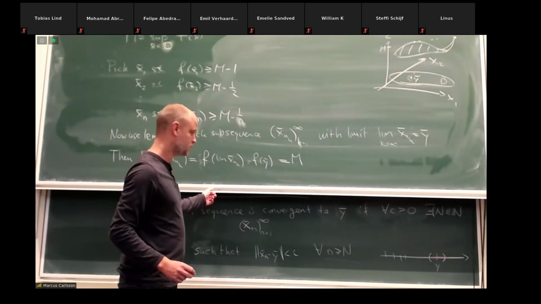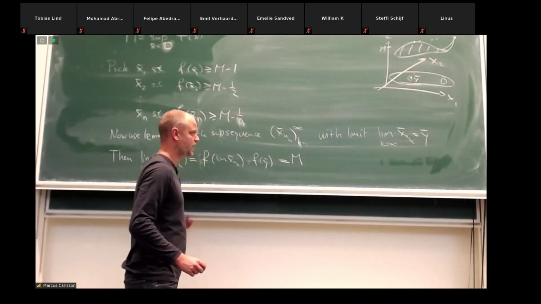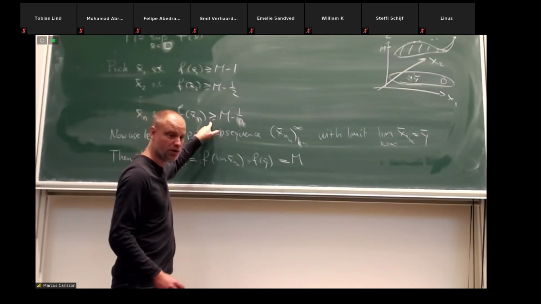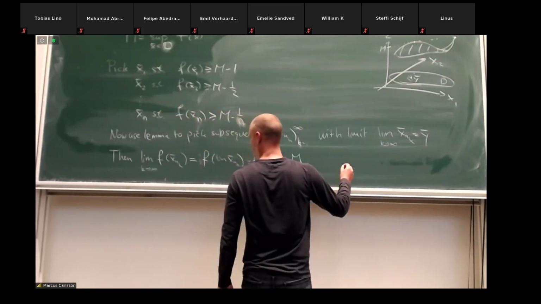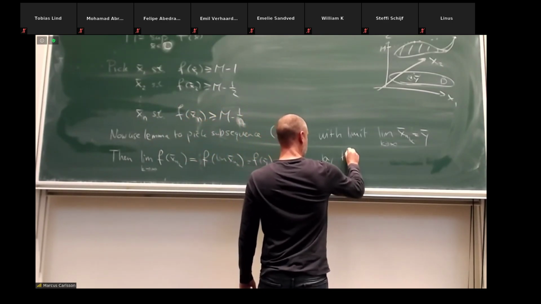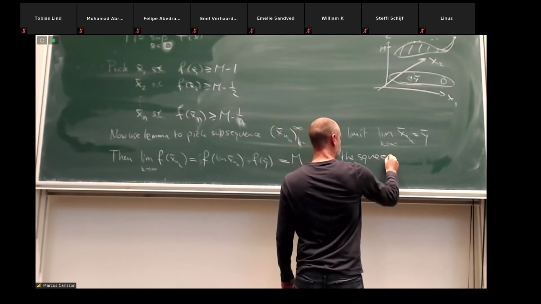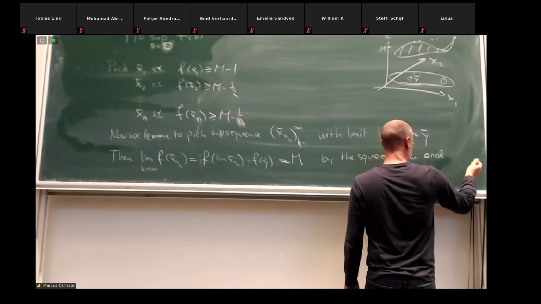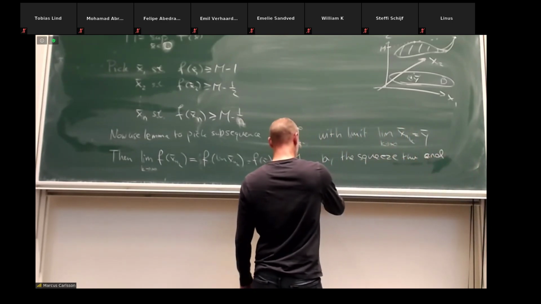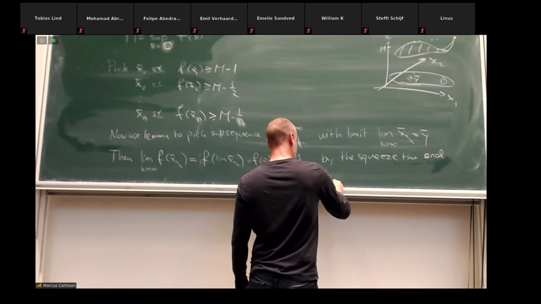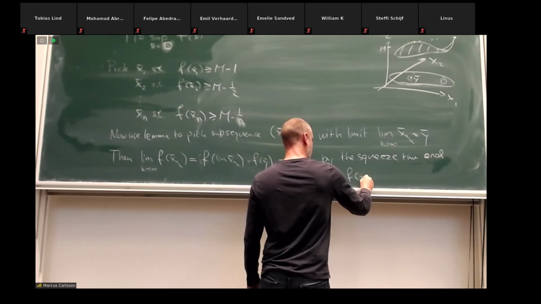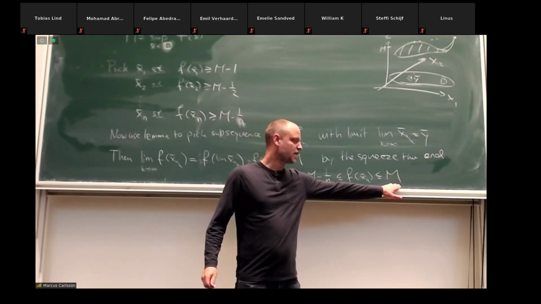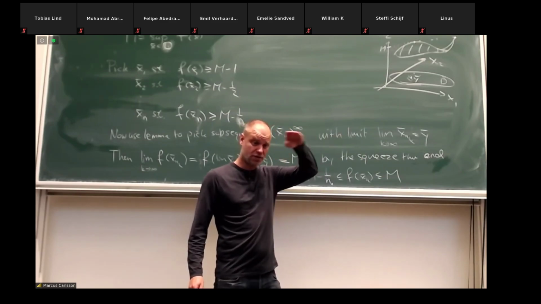Why does the limit need to be equal to m? Again, this is the squeeze theorem, because we don't know exactly what these values are. We just have an inequality. So by the squeeze theorem and the observation that m minus 1 over n_k is less than f of x_{n_k}, which is less than or equal to m. The upper side here is just constant. You can think of a constant as a sequence.